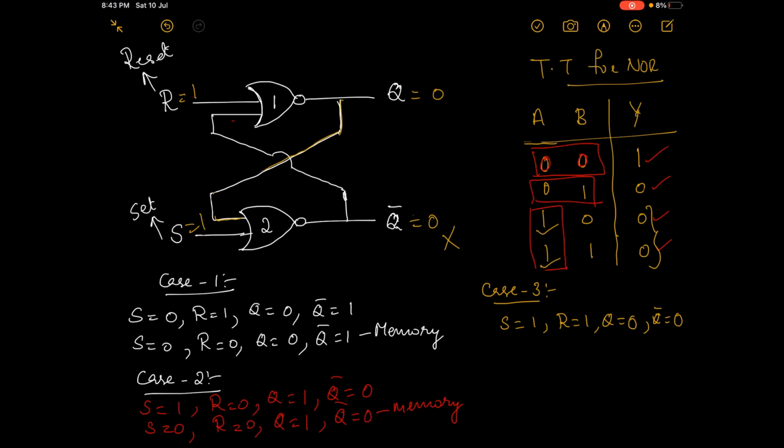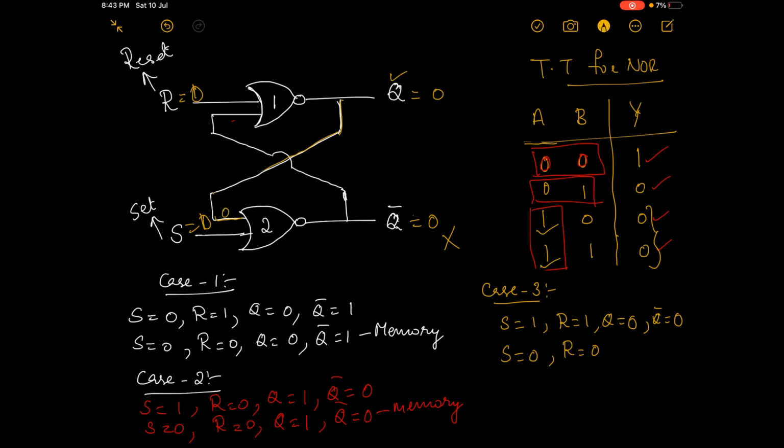Now let us consider another case. Suppose S is equal to 0, that means we are going to remove the inputs from both S and R. So when you remove this input, I am going to change this to 0 0. So when you remove the inputs from R and S, what would be the output? Here let me start the analysis from Q. So Q value is 0.